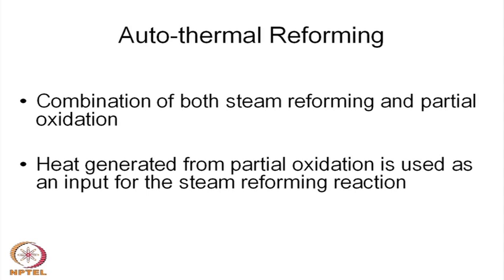Heat generated from the partial oxidation is used as an input for the steam reforming reaction. So, partially you burn it and generate some heat, and that heat can be used for the conversion of the hydrocarbon to the synthesis gas, that is H2 plus CO2.